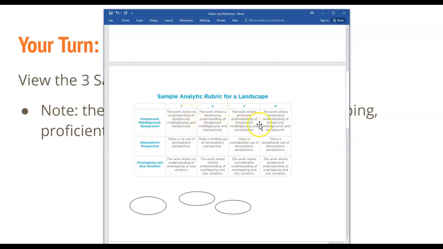However, all of the language is the same with the exception of one word, which is understanding, developing, proficient, and exceptional. Now, if the goal of an analytic rubric is to provide clarity for students, I don't necessarily know that developing, proficient, and exceptional is providing enough clarity for them to realistically understand the various levels of performance.